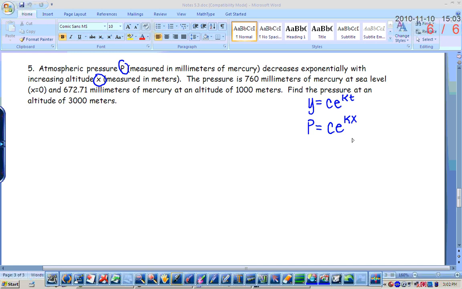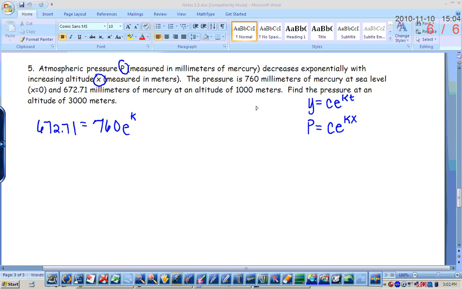So the first step is to solve for k. P is the ending pressure and C is the beginning pressure. So I'm going to think of 760 as the beginning pressure at sea level, and the ending pressure is 672.71, equals 760 e to the k.